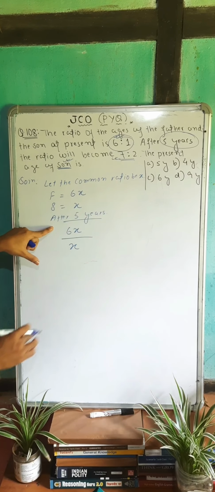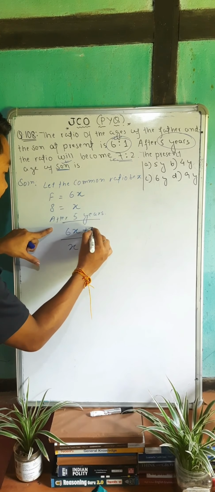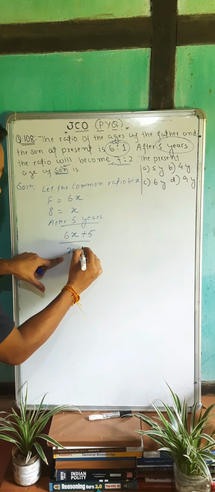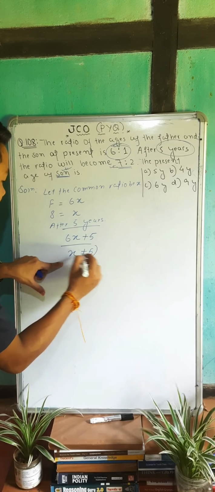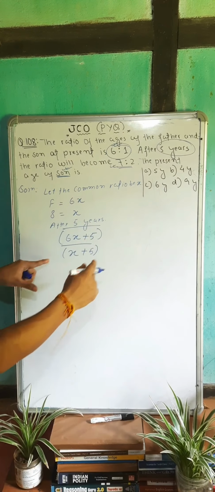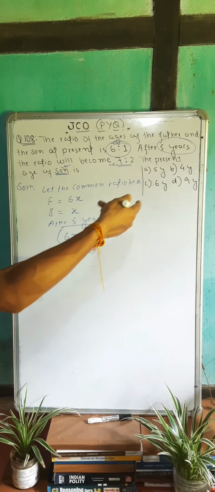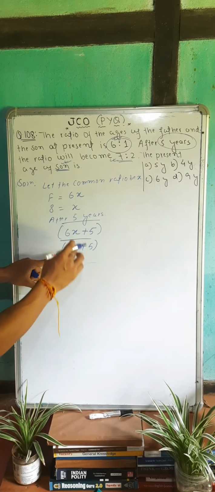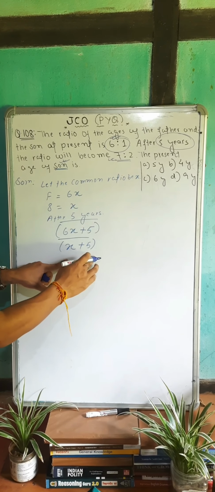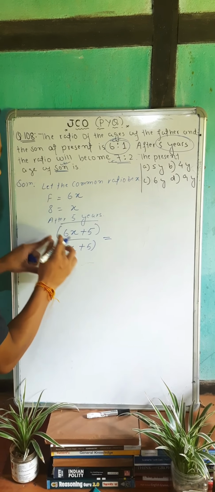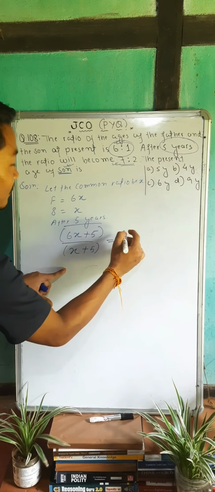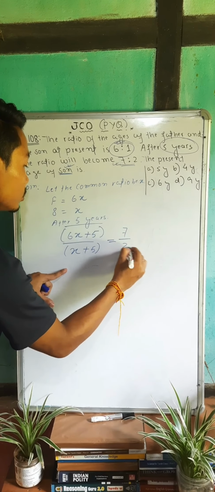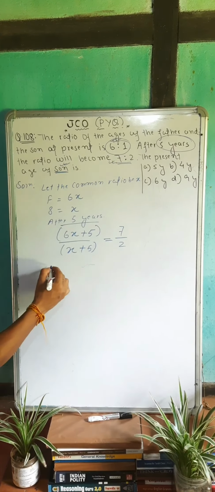After 5 years, their ages will become plus 5 each. Why? Because after 5 years, their ages will become plus 5. So 6x plus 5 and x plus 5. The ratio of father and son will become 7:2.